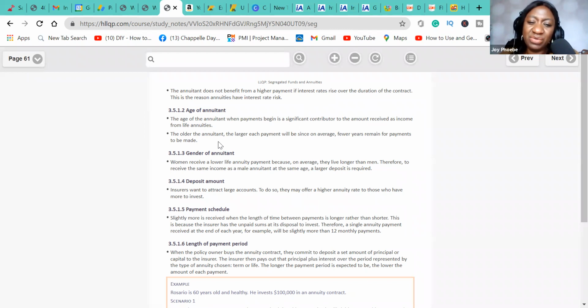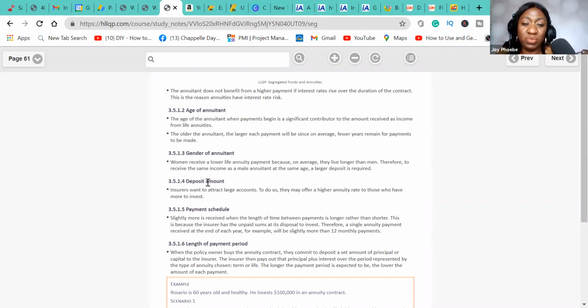The older the annuitant, the larger each payment will be. And also the time of setting up the contract, because if you set up the contract when you are 35 and your payment doesn't begin until you're 50, then the money you receive might be bigger than somebody who starts receiving the money 5 years later.